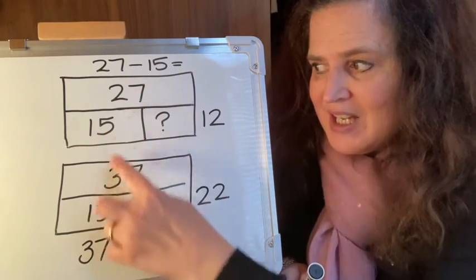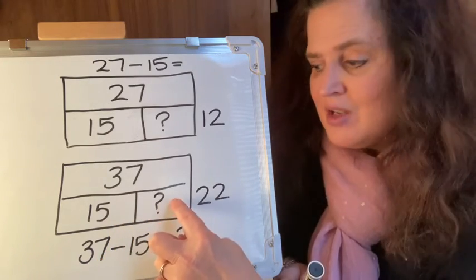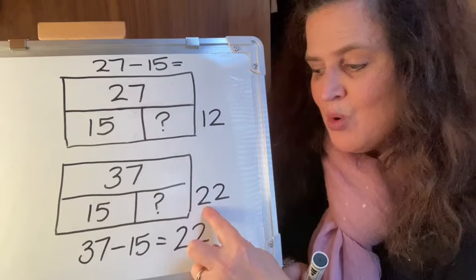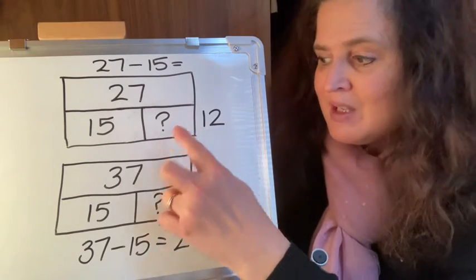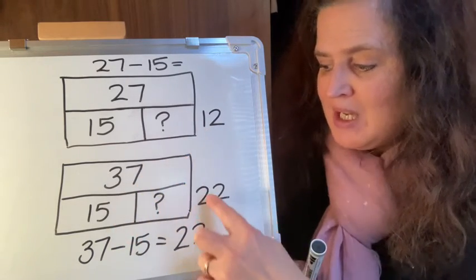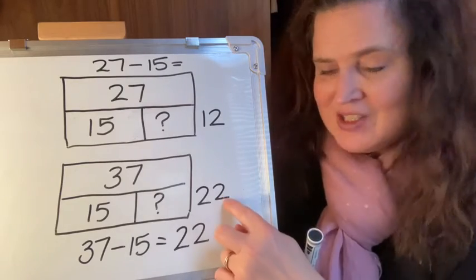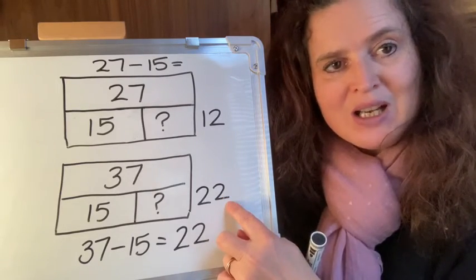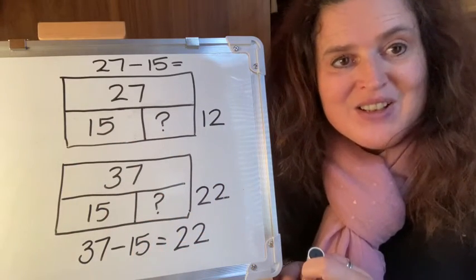But because I'm taking the same number away, I know that my answer would just be 10 more than the answer I got for this puzzle. So 37 take away 15 should be 22. So that would have been the way that I could have calculated the second puzzle really quickly, by spotting the pattern. Did any of you do it like that?